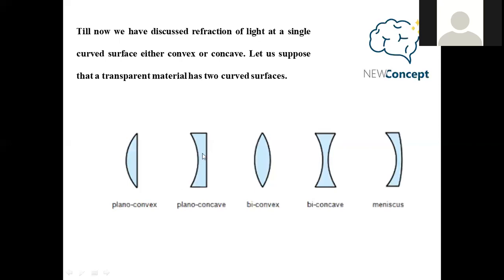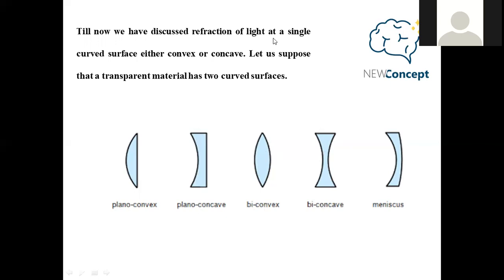If you have curvature inside, that is said to be a concave lens. Now we are going to discuss both sides having curved surfaces. That is nothing but biconvex or biconcave. These are the lenses we are going to observe now.